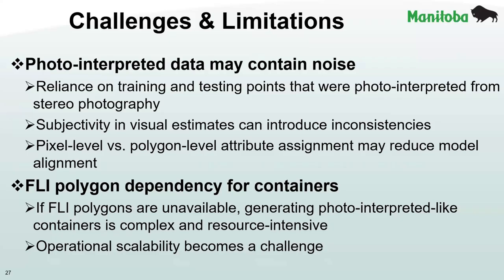Another challenge that we can derive from this work is that, if we don't have the FLI polygons to use to summarize our data into those polygons, getting or constructing similar polygons to summarize the data to make it operationally meaningful can be a challenge.